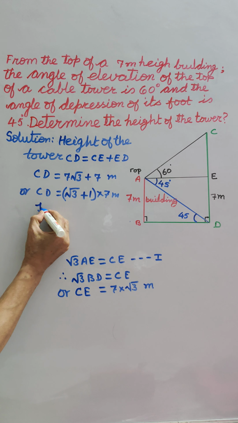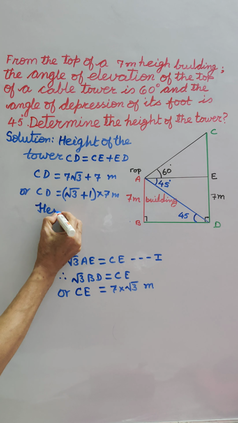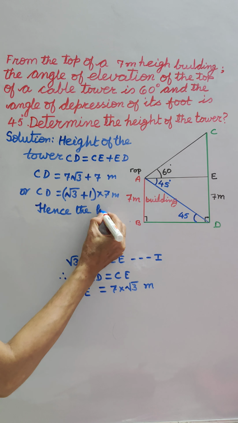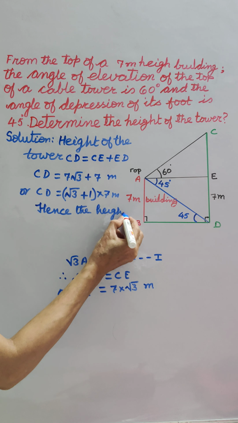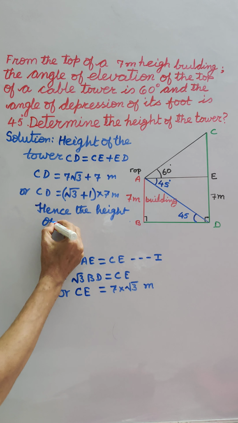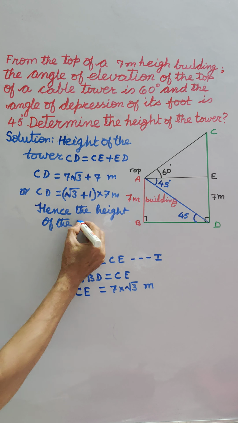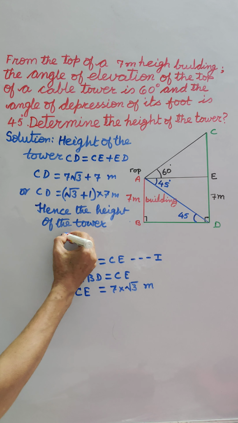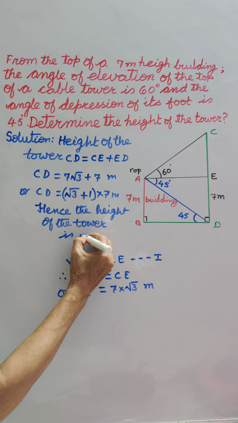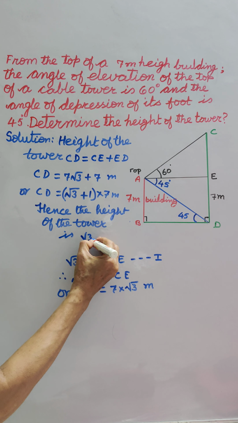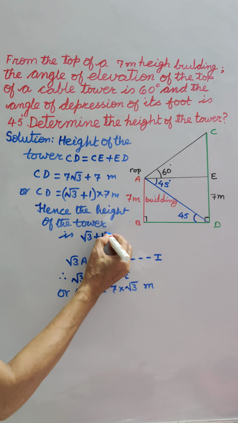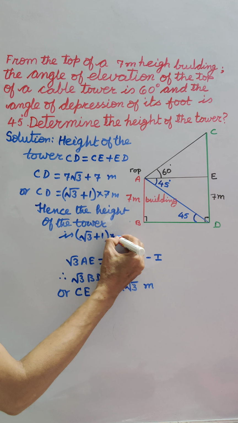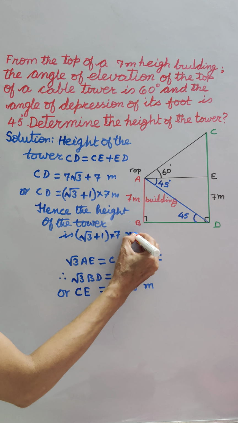Hence the height of the tower is 7 times (root 3 plus 1) meters.